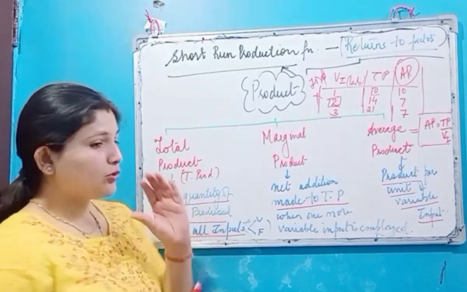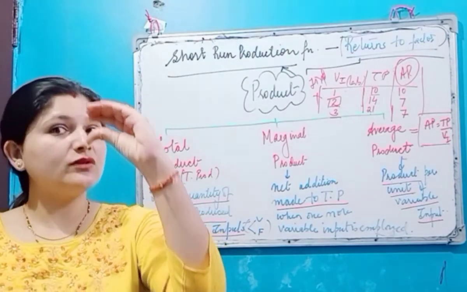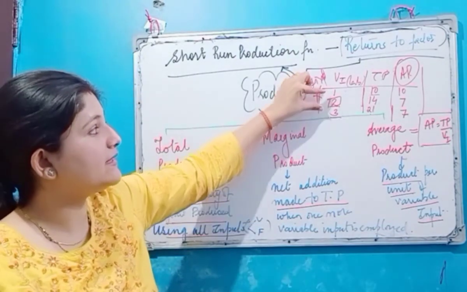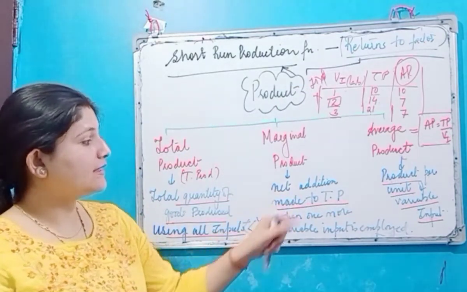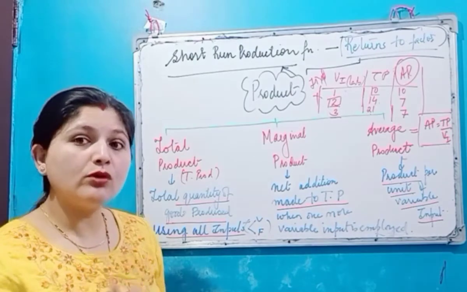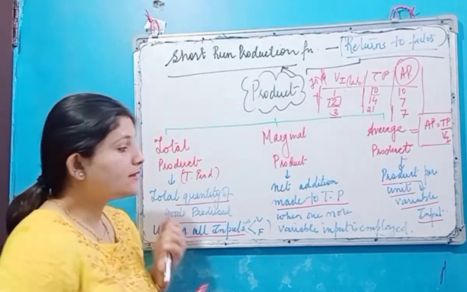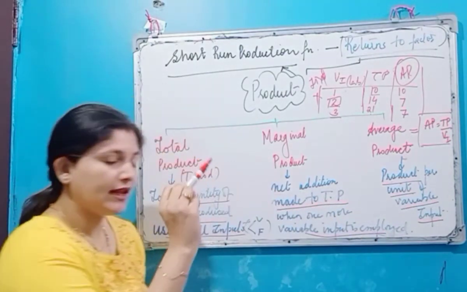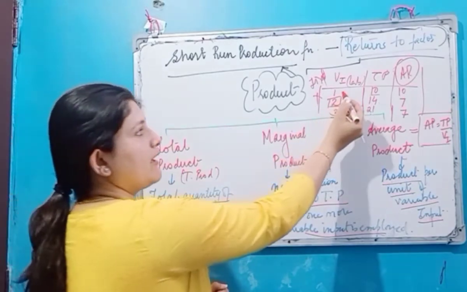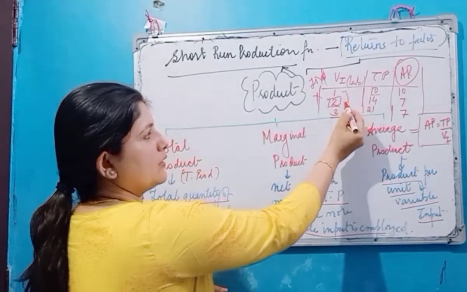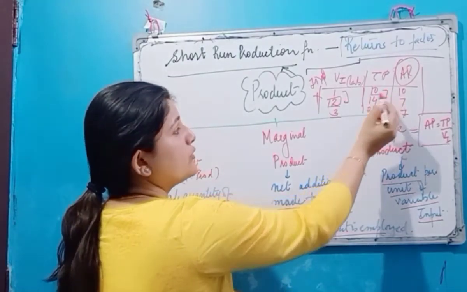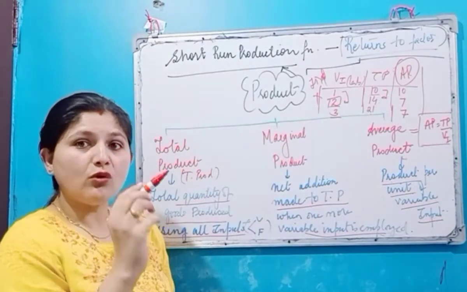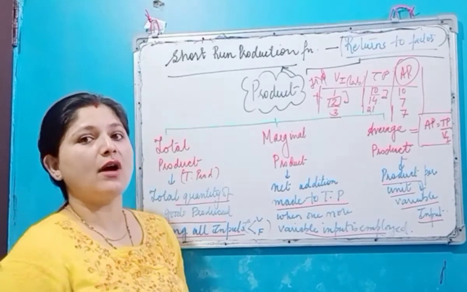The increase in total production which is caused by an increase in labor is marginal product. When one input of labor was introduced, there was an increase of 4 units of production. So this change which is happening is your marginal product.